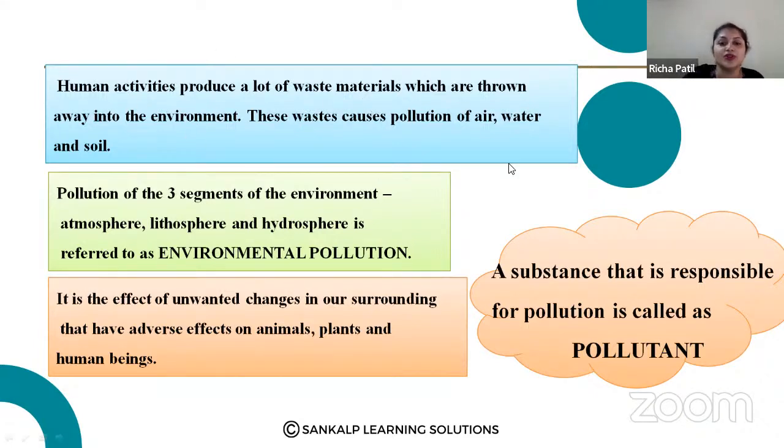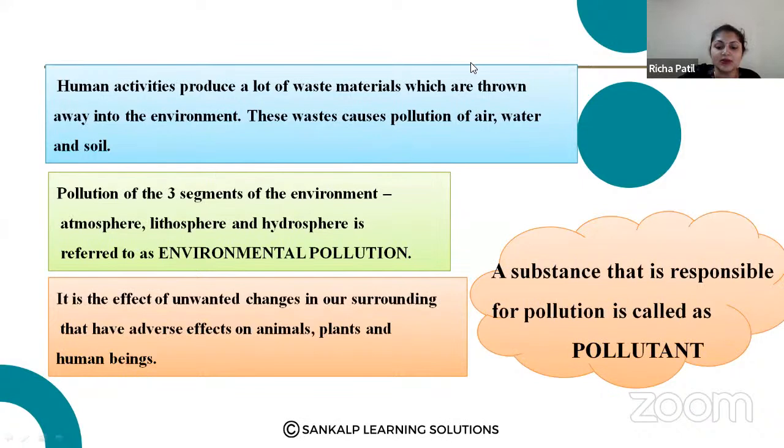So what happens when these wastes are thrown in the environment? It causes pollution. What is pollution? Pollution is the effect of undesirable changes occurring in our surroundings, which have some harmful effect on plants, animals, and human beings.